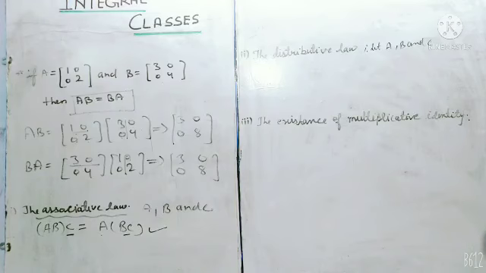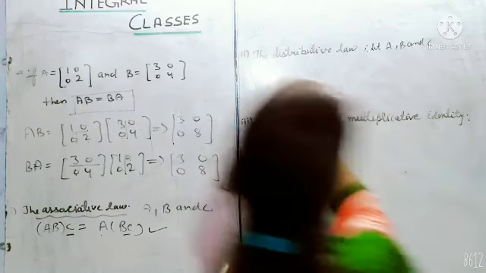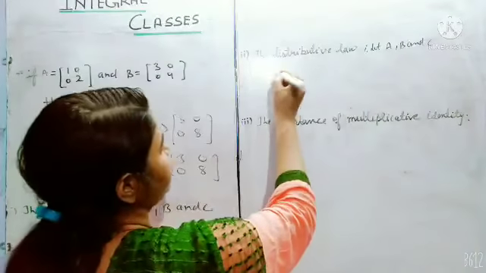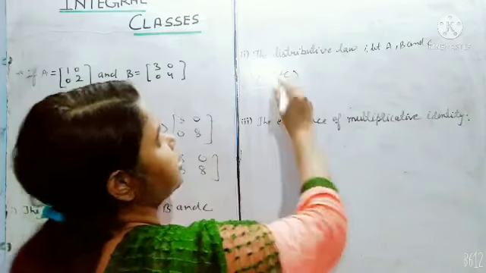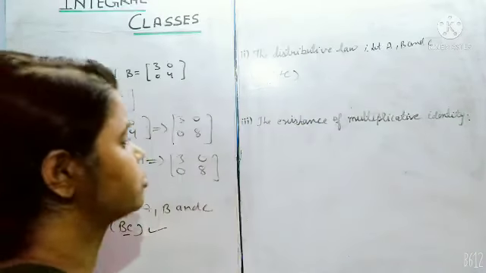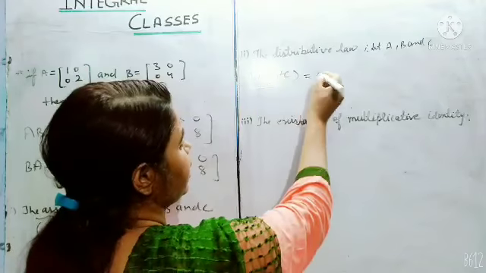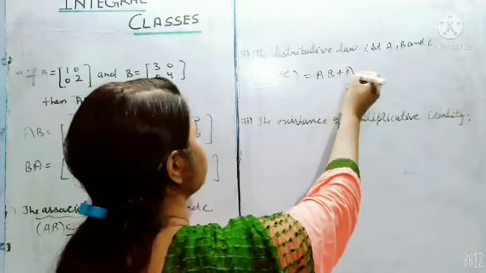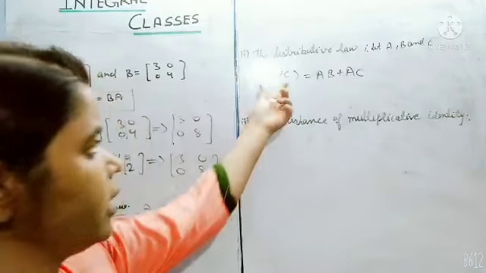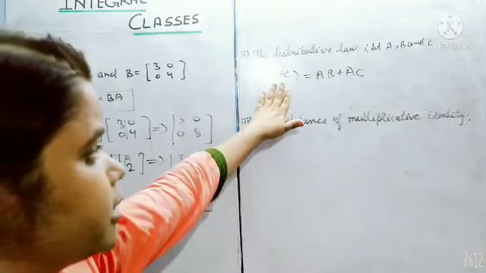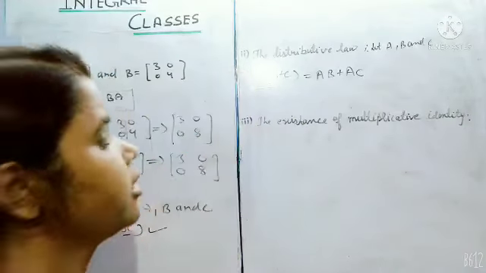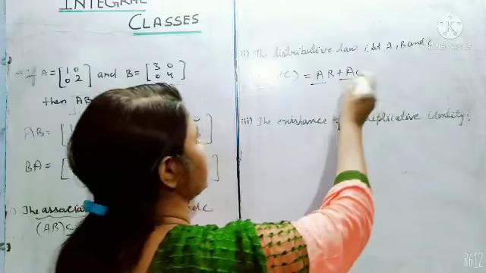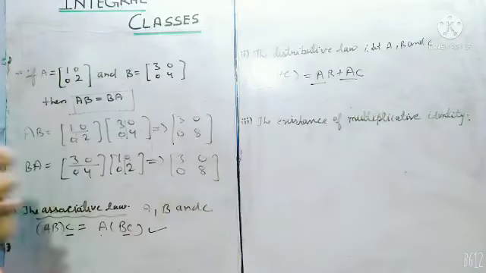We know what the distributive law is: A times (B plus C) equals AB plus AC. It means if we add two matrices and multiply the result by the first, we get the same result as if we multiply each separately and add them. This law is called the distributive law.